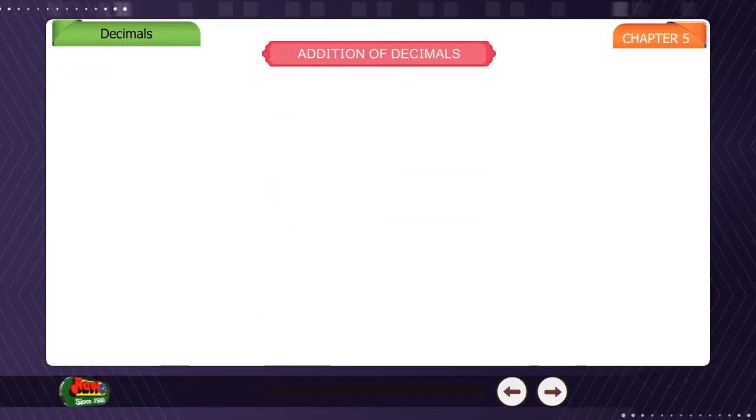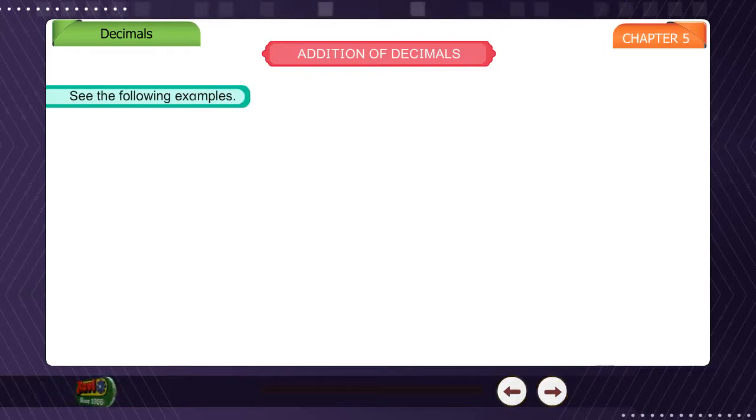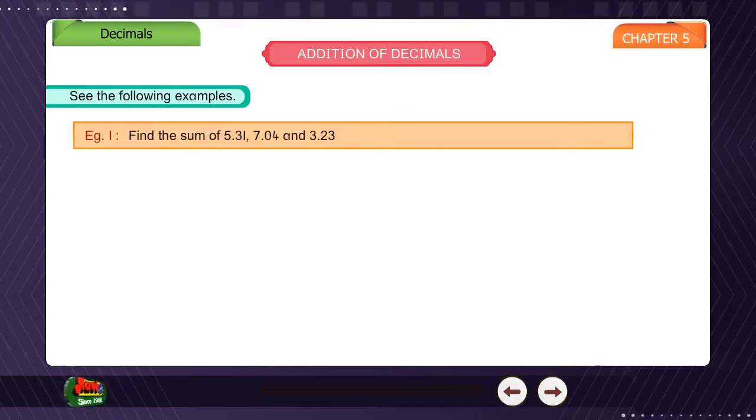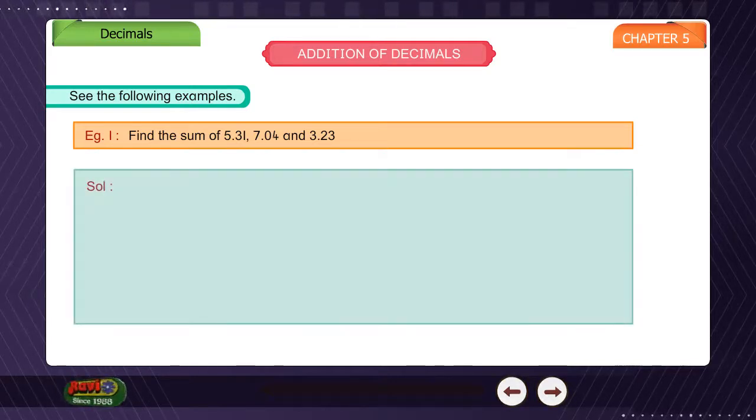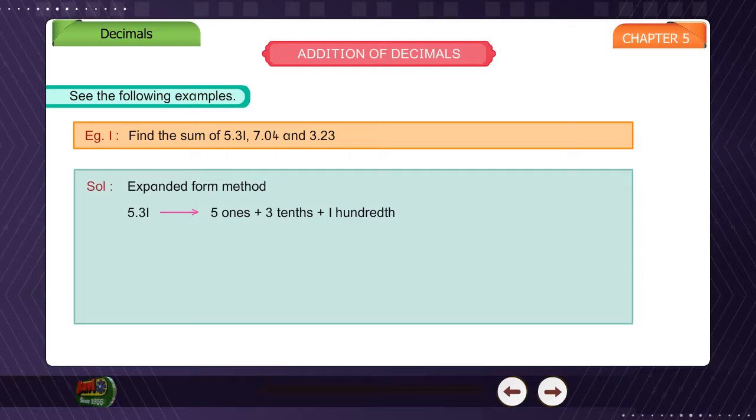Addition of decimals. See the following examples. Example 1. Find the sum of 5.31, 7.04 and 3.23. Solution. Expanded form method. 5.31: 5 ones plus 3 tenths plus 1 hundredth. 7.04: 7 ones plus 0 tenths plus 4 hundredths.